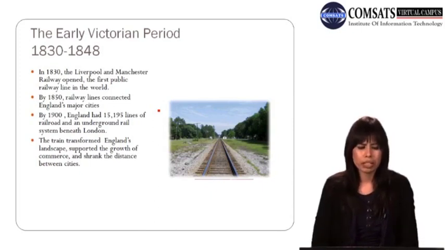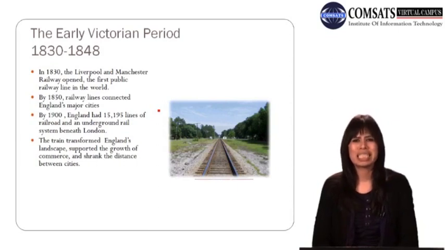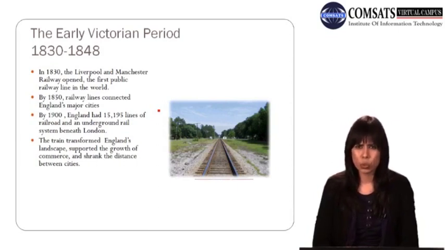By 1900, England had 15,195 lines of railroad and an underground rail system beneath London. So this is again one of the advancements. The train transformed England's landscape, supported the growth of commerce and shrank the distance between cities. So the cities came closer to each other, and you can see the picture of a railway line in this slide.